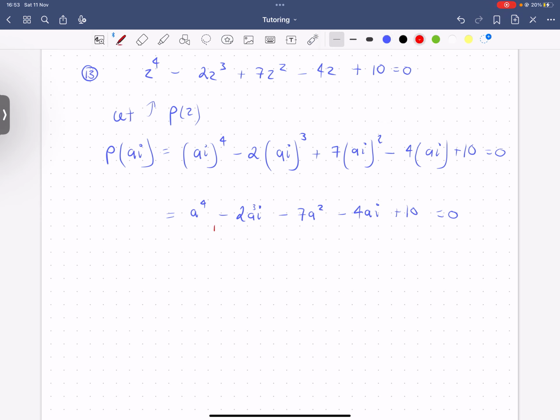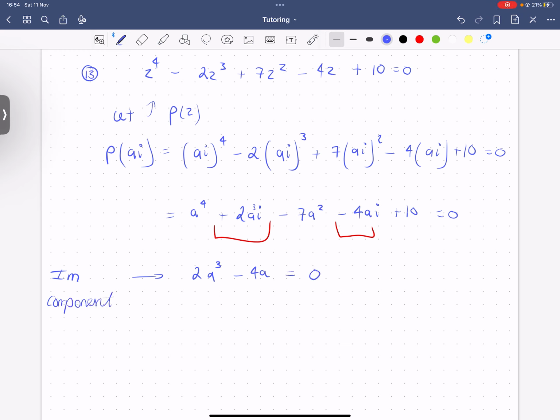The imaginary components are plus 2, that's a plus there, because i cubed is minus i. So 2a cubed minus 4a is the imaginary component of this equation, and that has to equal 0.